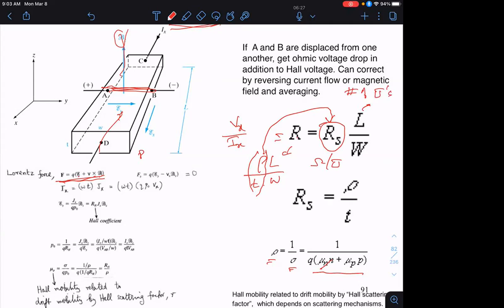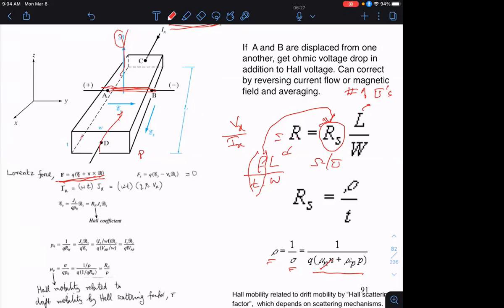What does that mean? Looking at this resistor from face D to C, you can break down the value of the resistance into a parameter R_S, the so-called sheet resistance, which depends on the material parameter rho and the thickness of the film, while the second term, L over W, only depends on the geometrical layout of the resistor.